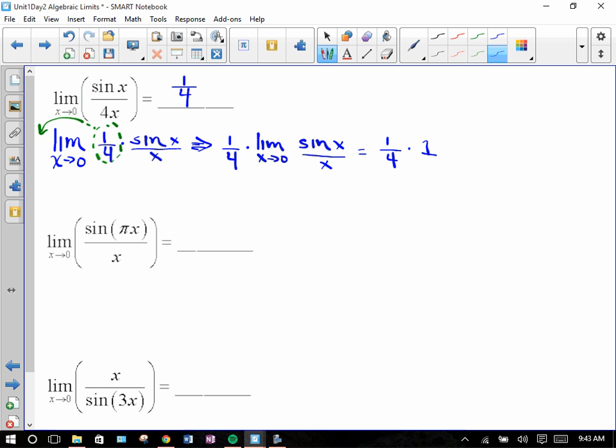All right. So down here, what is the limit as x approaches 0 of sine pi x divided by x? What is this looking like?